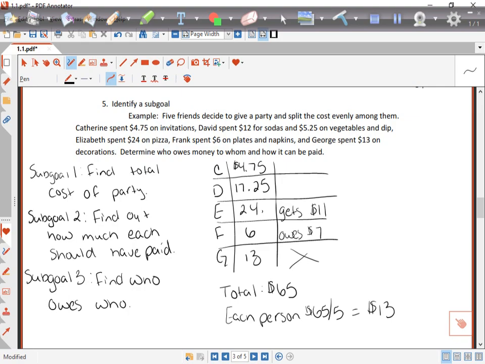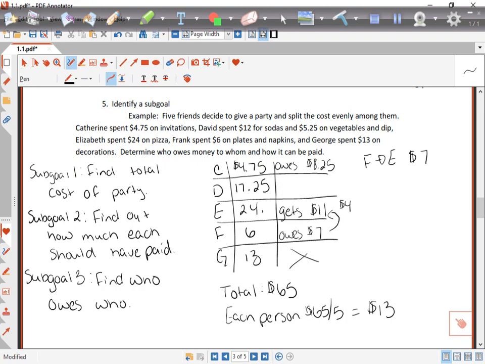So we could start with Frank paying Elizabeth $7, and then Frank would be done. At that point, Elizabeth should still get $4 from somewhere. Catherine only paid $4.75, so she owes $8.25.